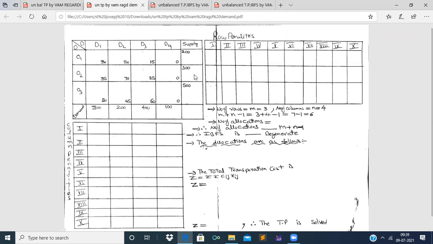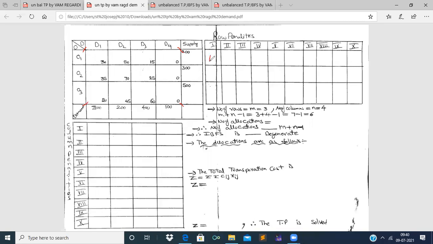So how to solve this problem by Vogel's approximation method? Now, if I observe the first row, we have to take only the cost matrix, right? See here. Now, in Roman number 1 row penalty and in Roman number 1 column penalty, we have to fill up these blocks. Now, the first least cost is 0 and the next least cost is 15.